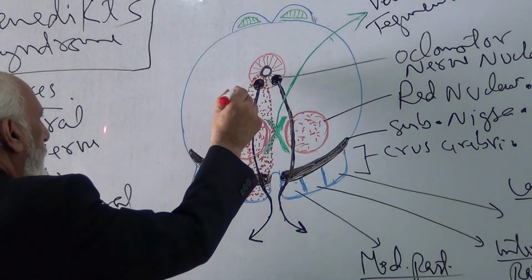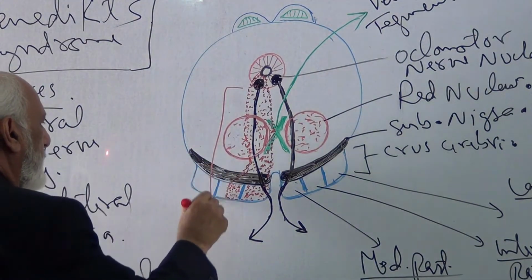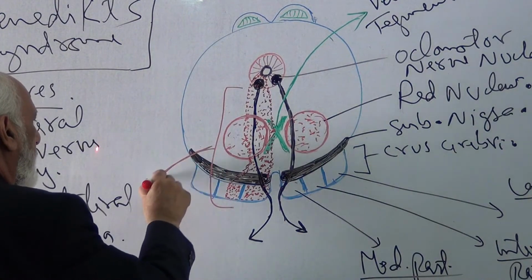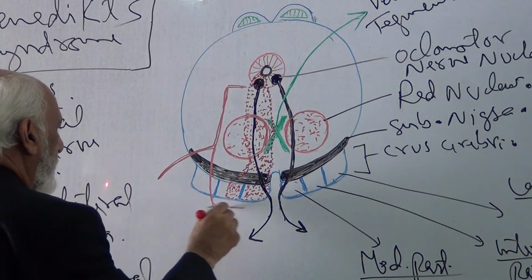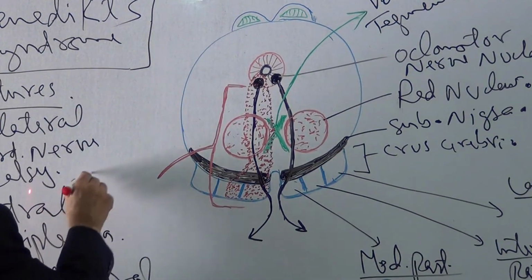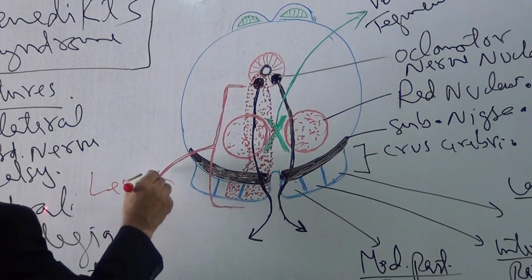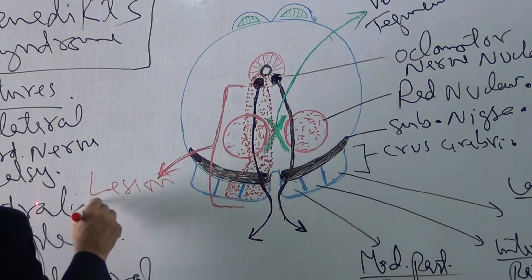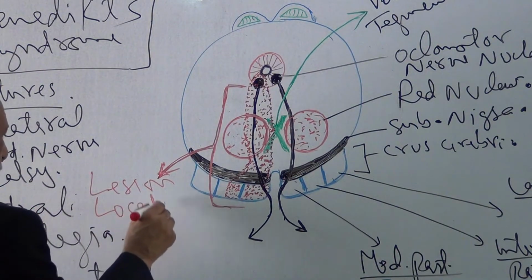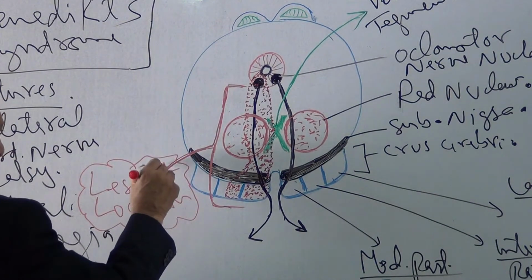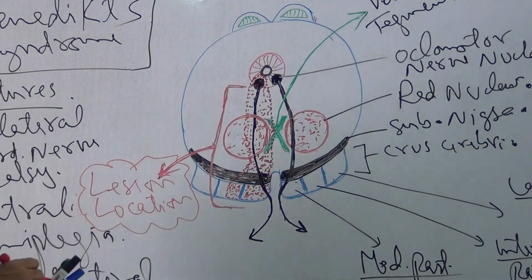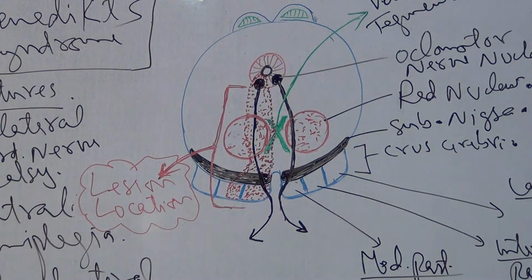So this hole is the area of lesion location, the area which is damaged. So lesion location involves different parts.